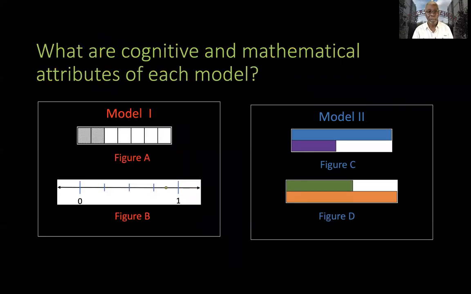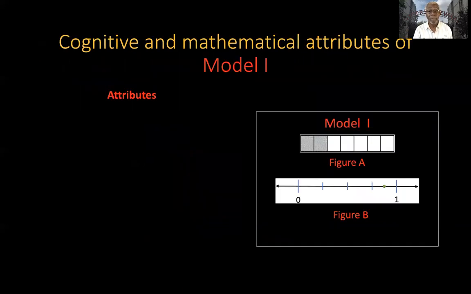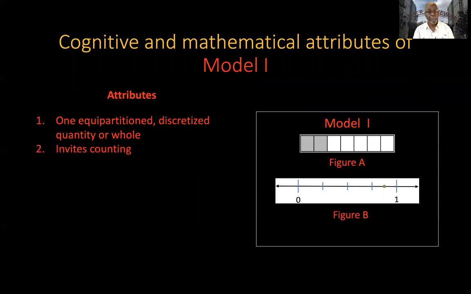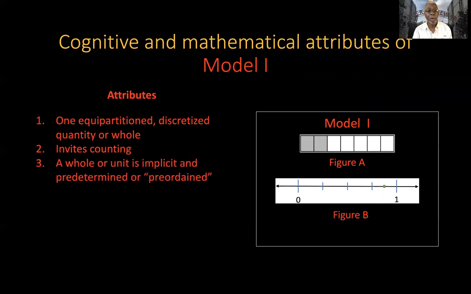So what are the cognitive and mathematical attributes of each of these models? In model one, we see that we always have one equipartitioned or discretized quantity or whole, and that the model invites counting, a certain number of parts that have been shaded or the number of tick marks.